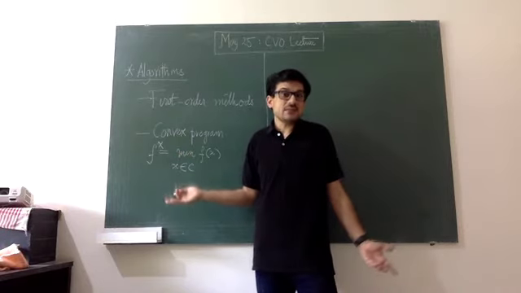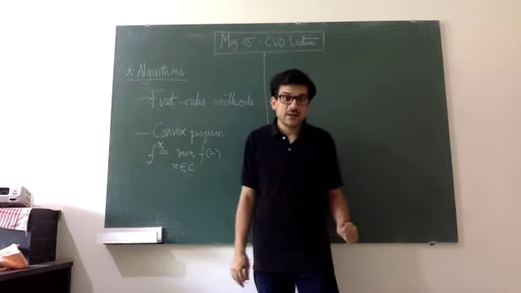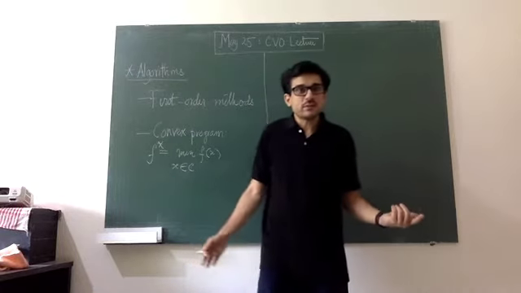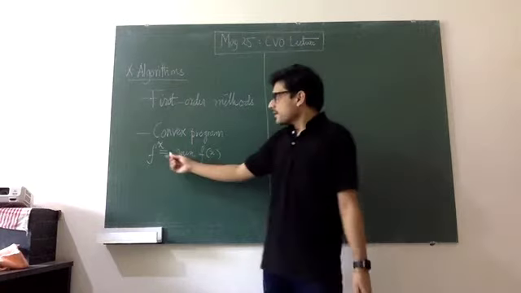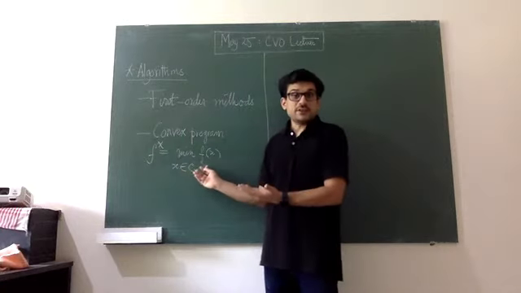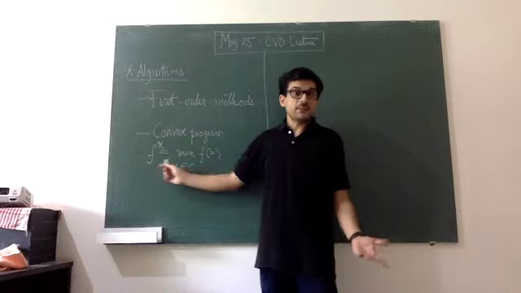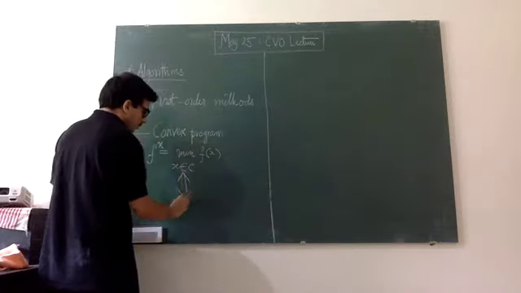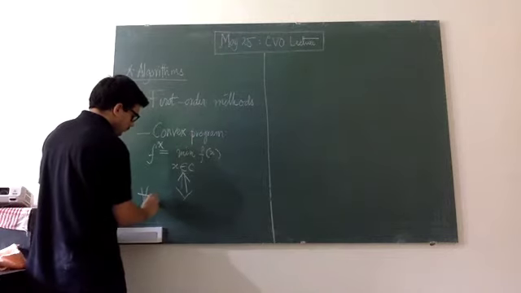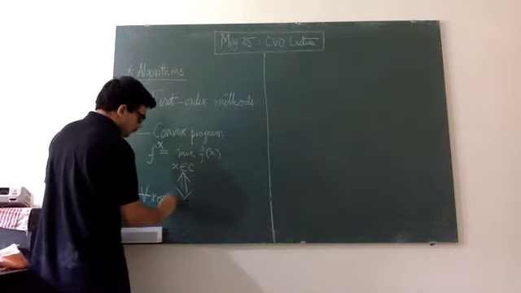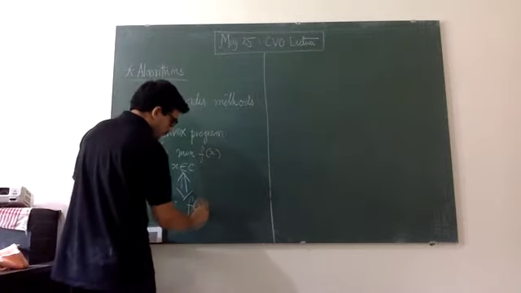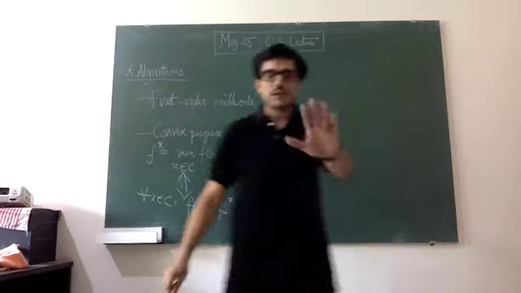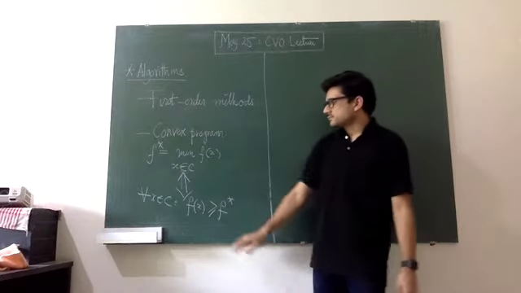If you can't even check that 1 is a minimum, there's no chance that you'll be able to solve the problem. Now, if F star is the minimum, what does it mean?